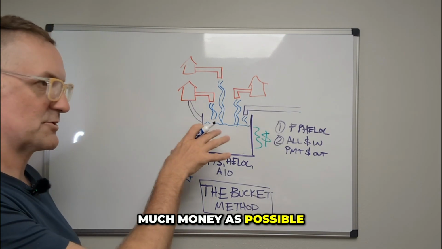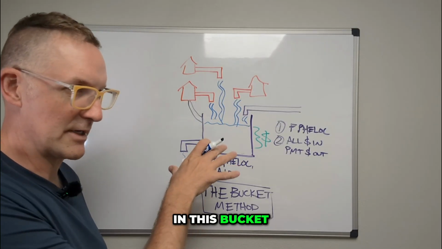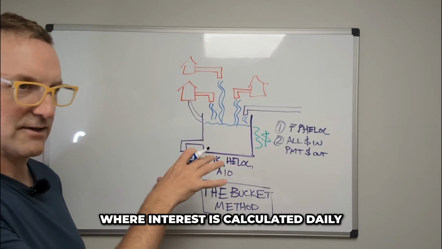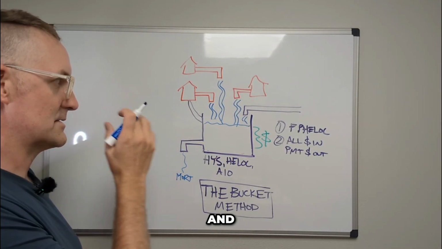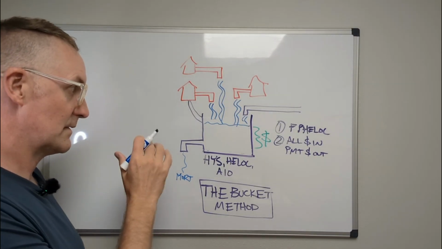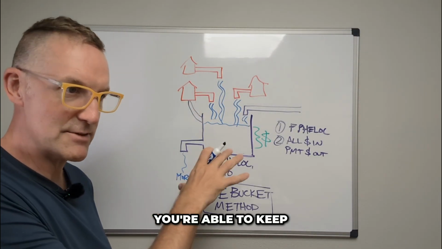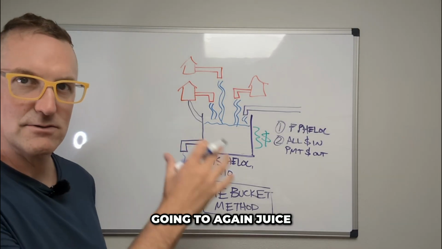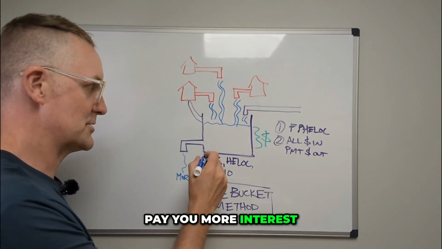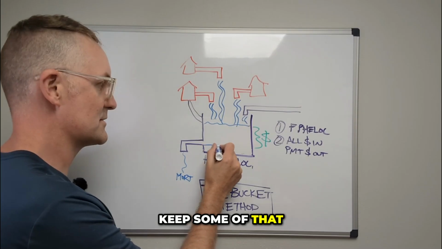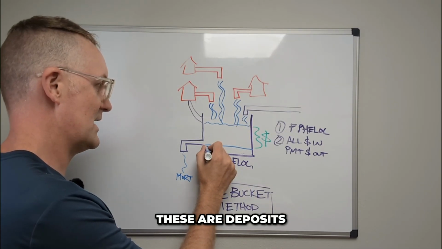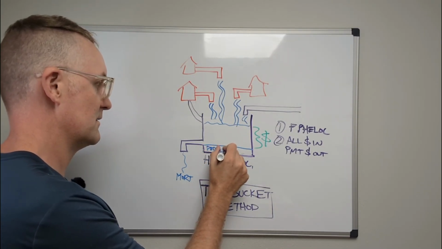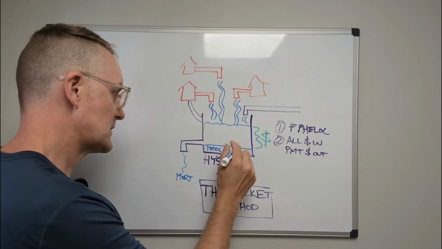Now that keeps as much money as possible in this bucket where interest is calculated daily, and you're able to add extra money. You're able to keep savings and other things in here, and then that is going to, again, juice up your returns, pay you more interest. So you're able to keep some of that money in here. These are deposits. These are your reserves.